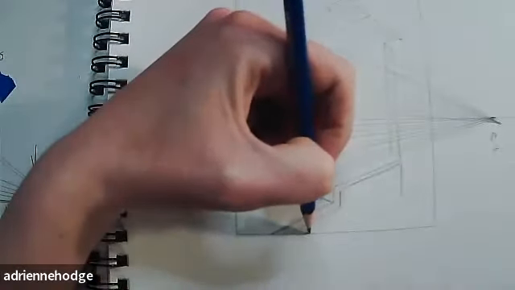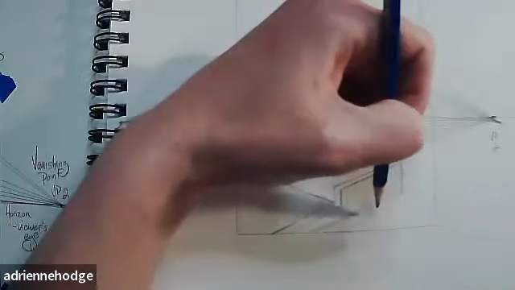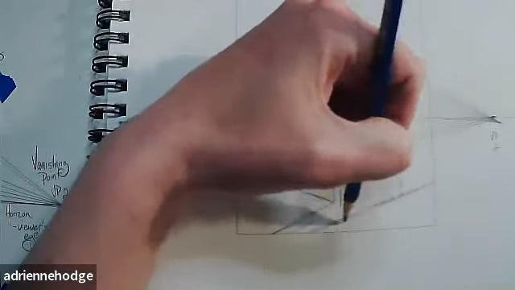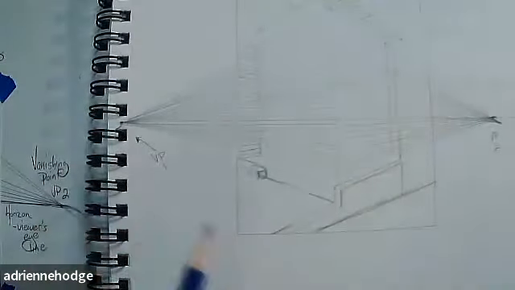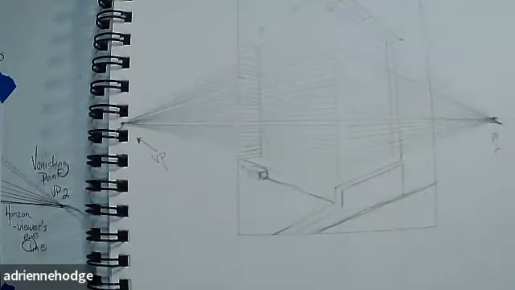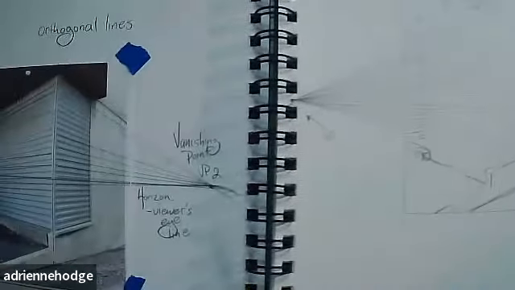So I can just go to my sketch here and just get an elongated triangle going right there, because it's not going to line up with vanishing point 2. Hopefully I didn't confuse anyone too badly with that.